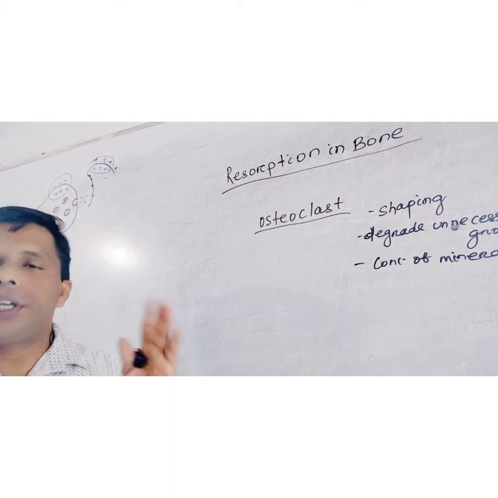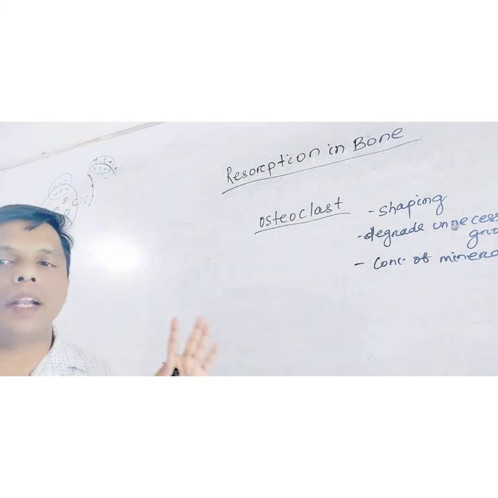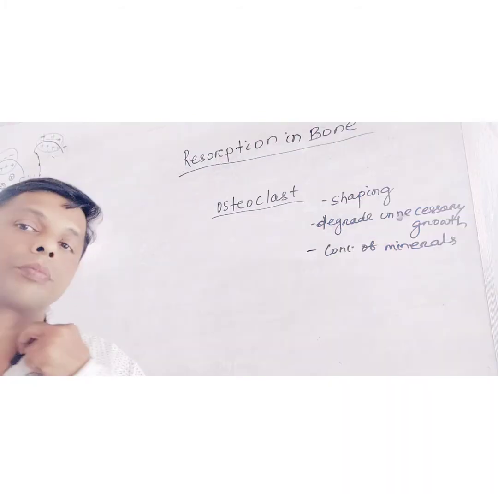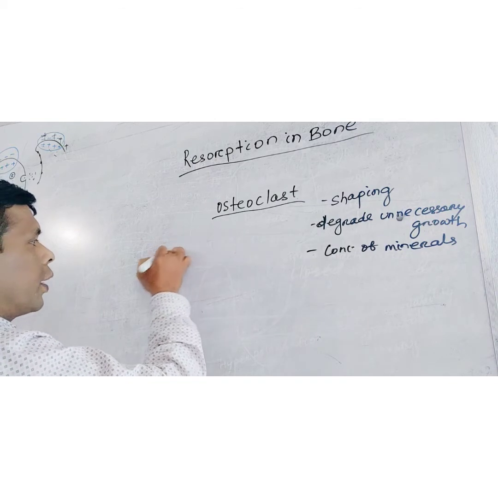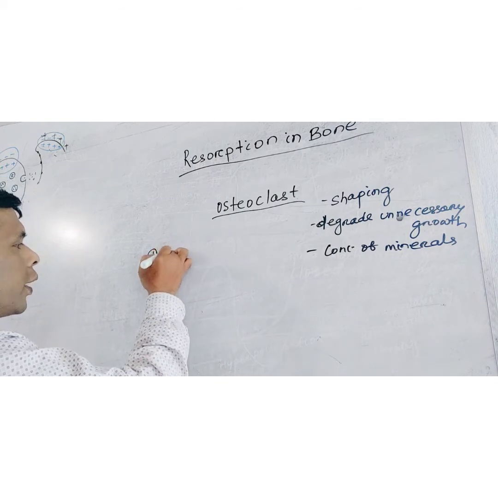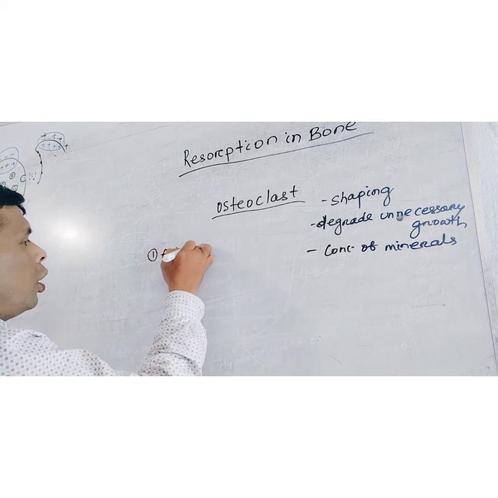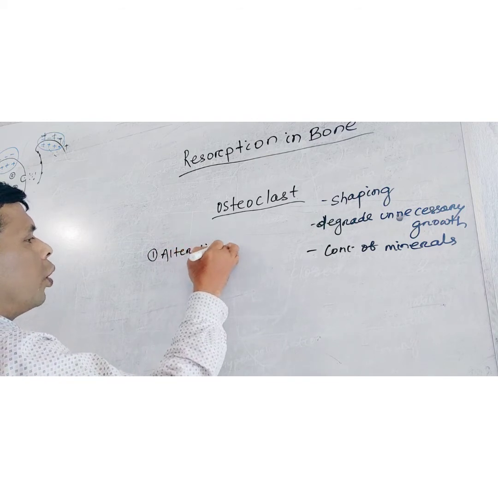These are the three different processes carried out during resorption. The first mechanism is alteration of the osteoclast cell.